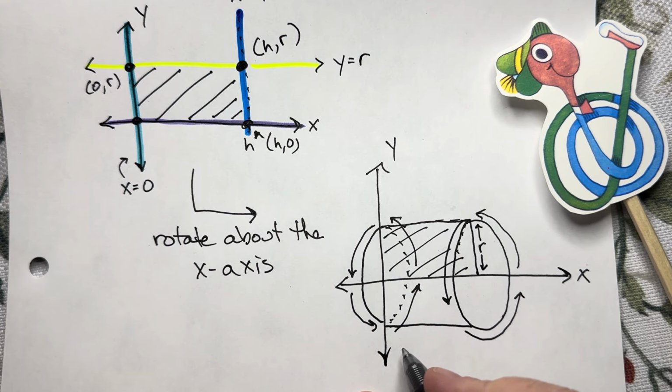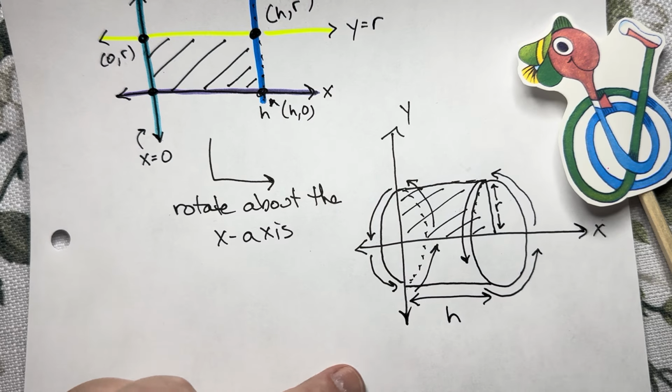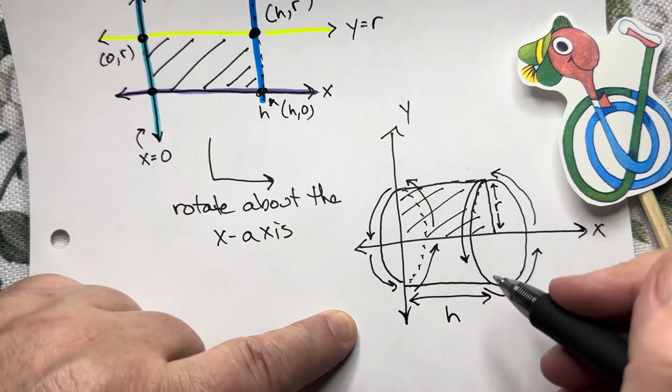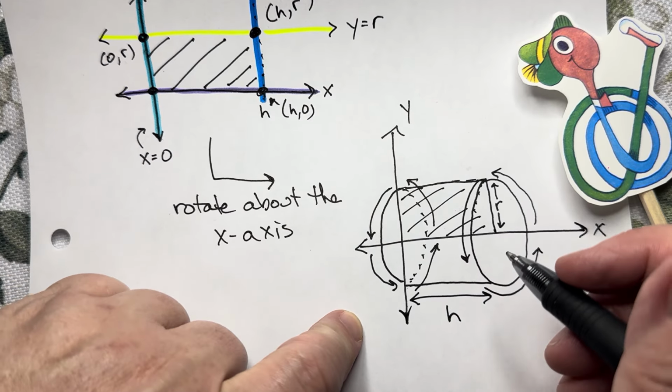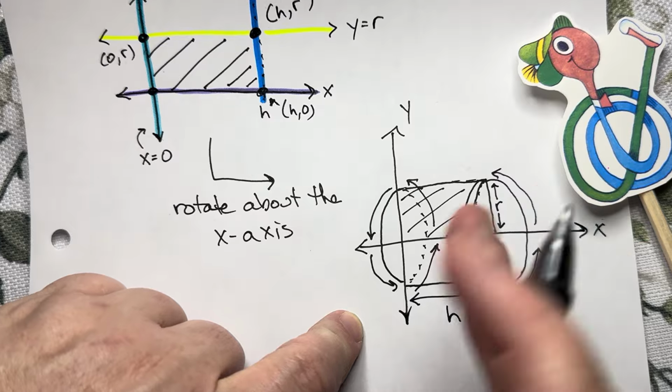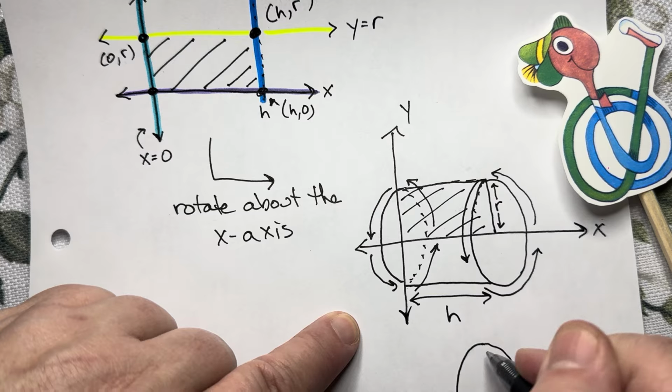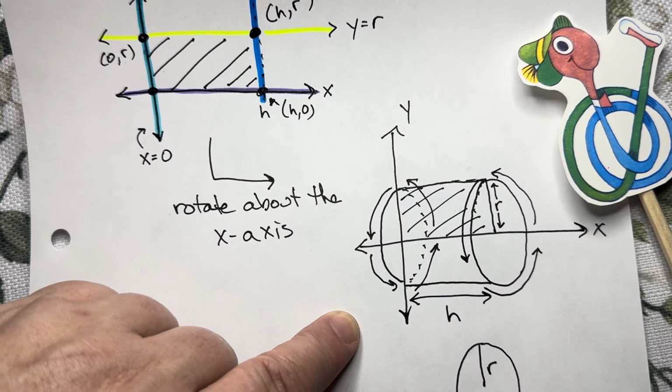And we know that this dimension right here, we were told, was H. And so we know that the cross sections are going to be circles, right? The radius is R.